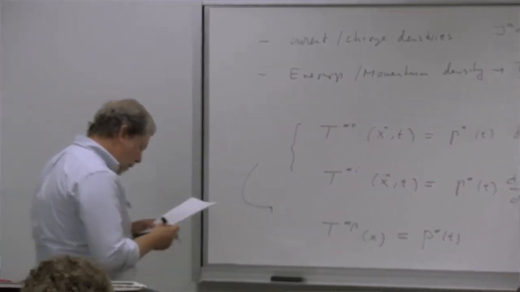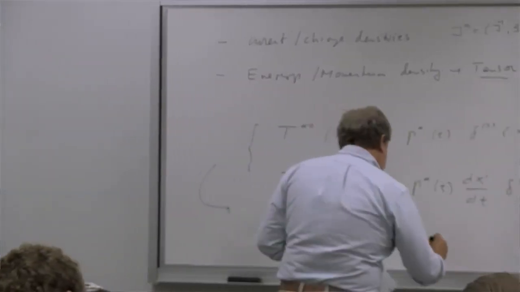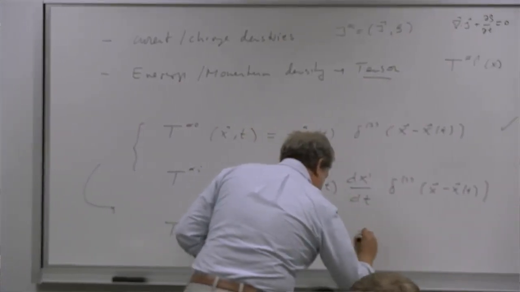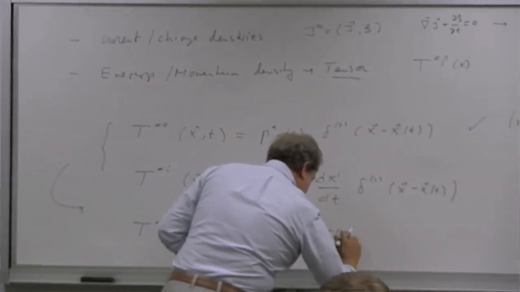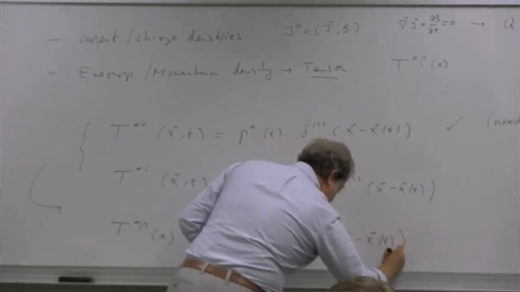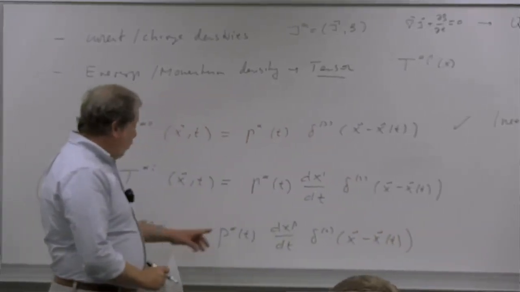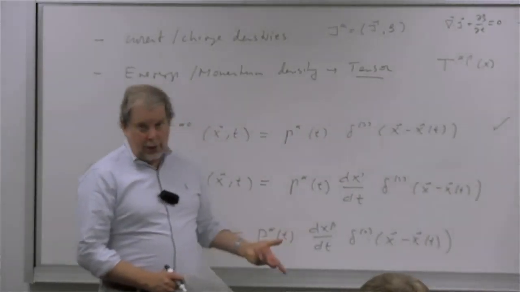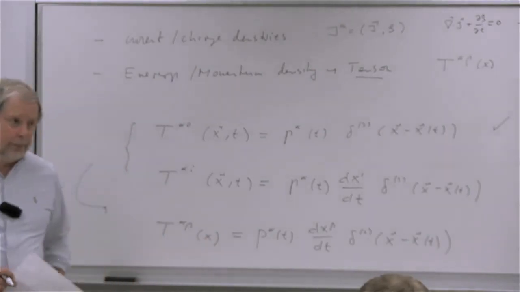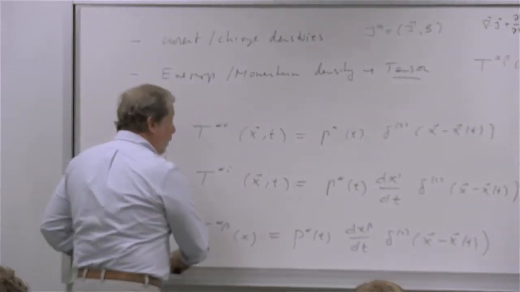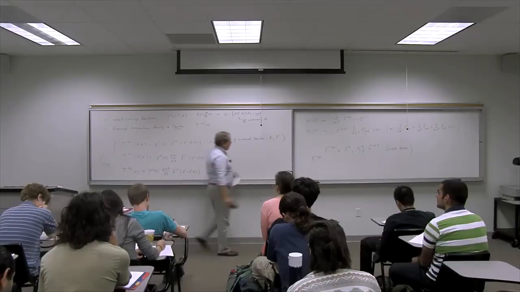And for the second one, it would be dx beta by dt times delta 3 of x minus x of t. That works because if you take the naught component, you get dx naught by dt, which is dt by dt, which is 1. So this combines the previous ones into one single expression.